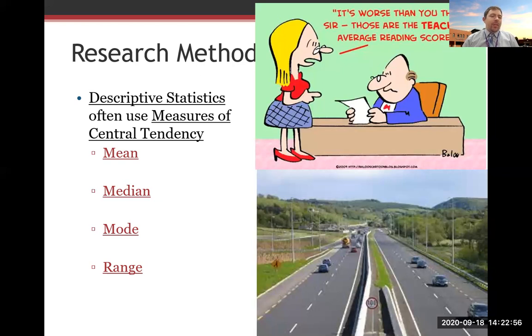The mode is actually the easiest one to start to calculate because it's just the score that occurs the most often. And so now we can start to look into why we might use one or the other. So what we're going to see as we go into this next slide in just a second is the mean is really easily distorted.